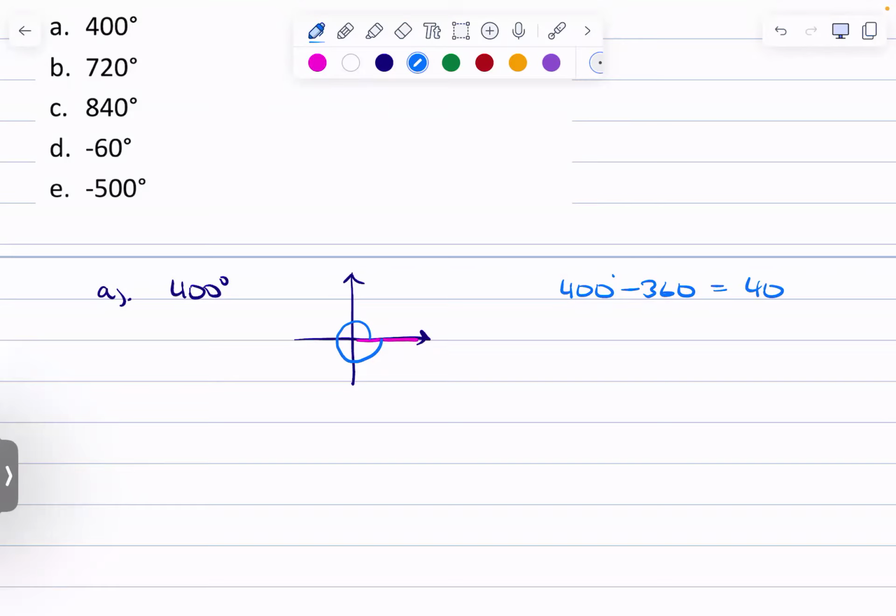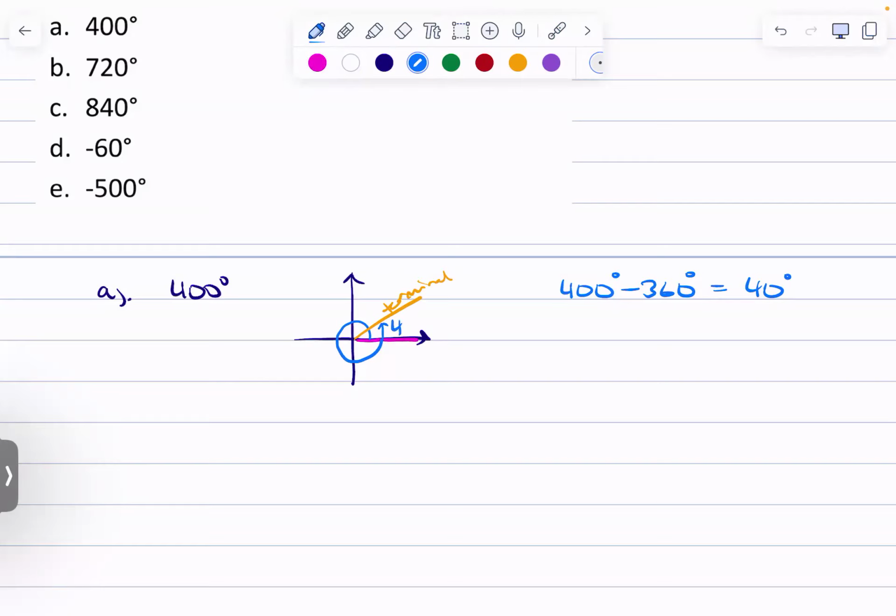Degrees, degrees, degrees. In terms of where it's going to land, I know that at the y-axis from the initial side I have 90 degrees, and half of that would be 45, so just under half. It's not terribly picky, but you want to have a reasonable idea of where it's going to end.